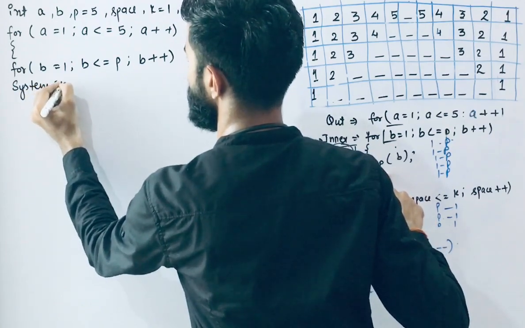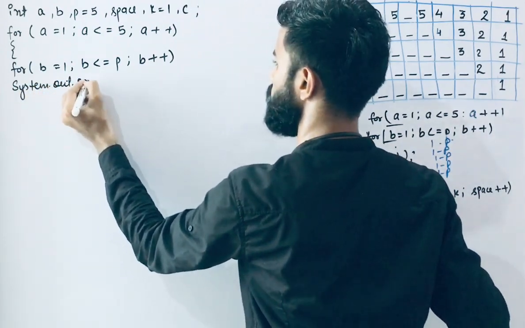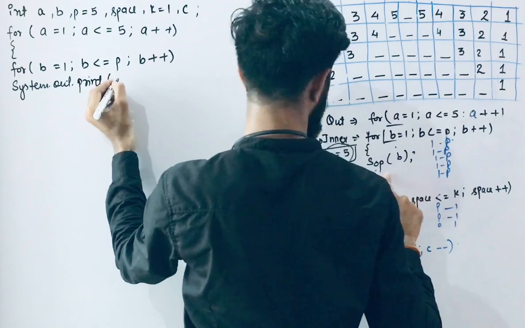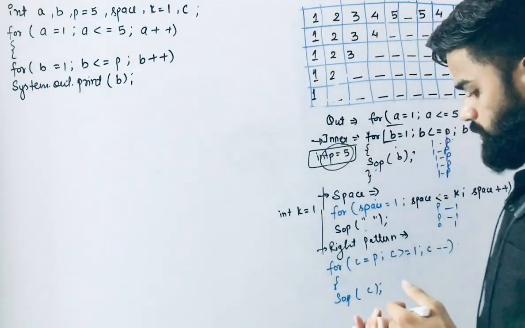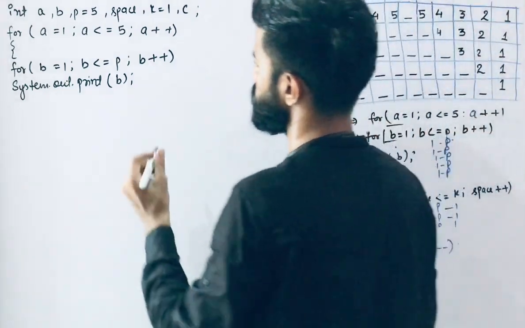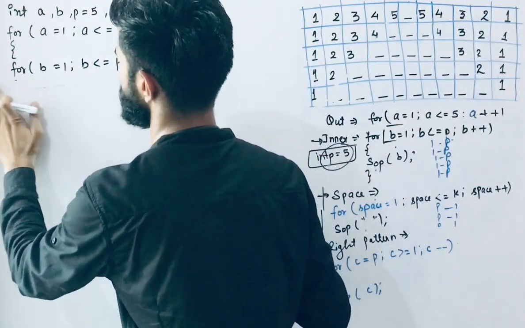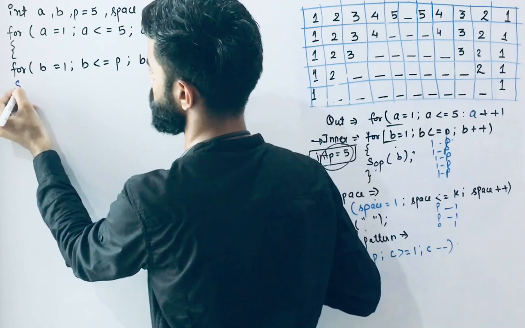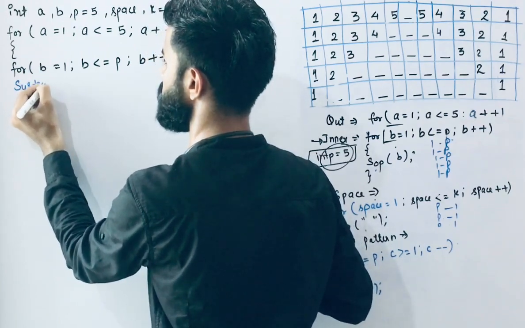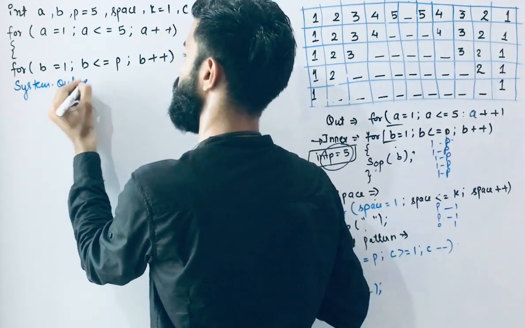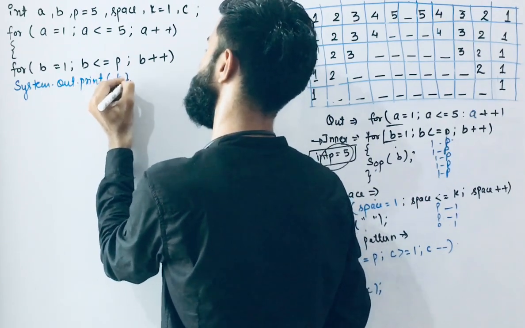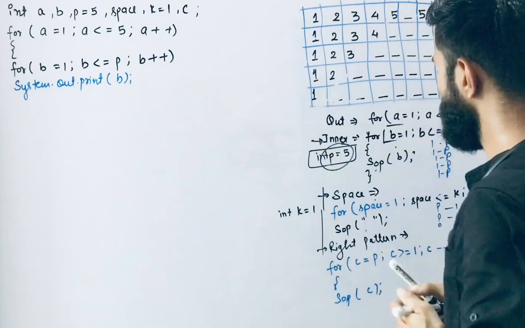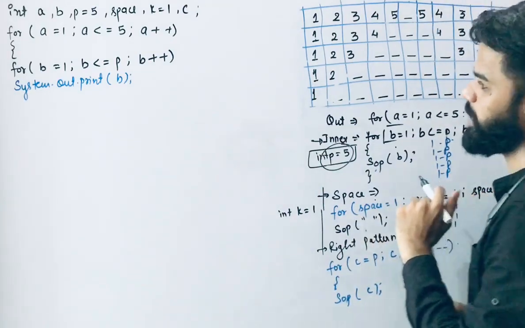System dot out dot print, and then b is there. Okay. Now after this, we need to print spaces.